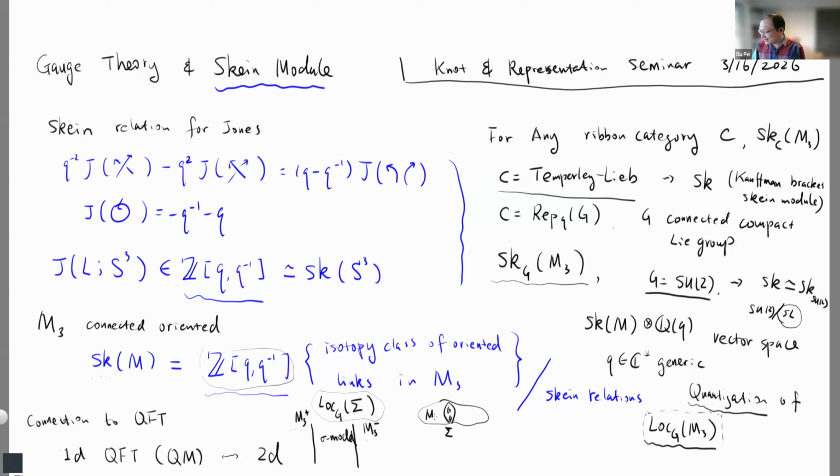I have denoted them as M3 plus, M3 minus. And then they give Lagrangians inside this space, which has a symplectic structure. So one can actually come up with a 2D A model.